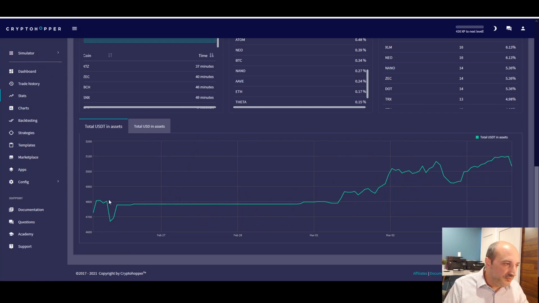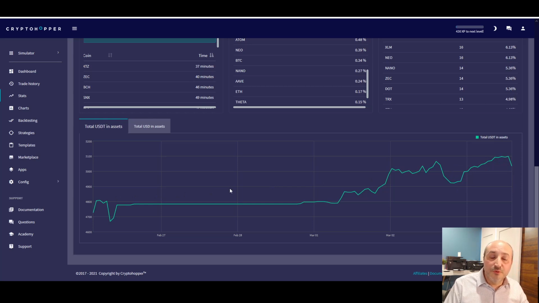It was just to see how it was performing. I was starting with $4,725 and up to the 3rd, which is the last day that I was testing that strategy, I was over 5,000. Actually, I was like 5,099 here, and then the next day dropped a little bit, 5,034.